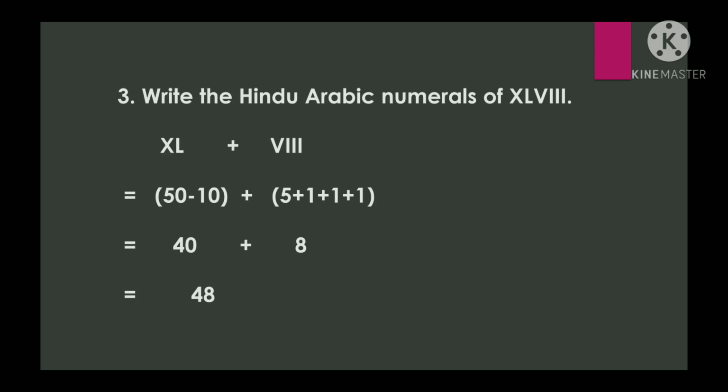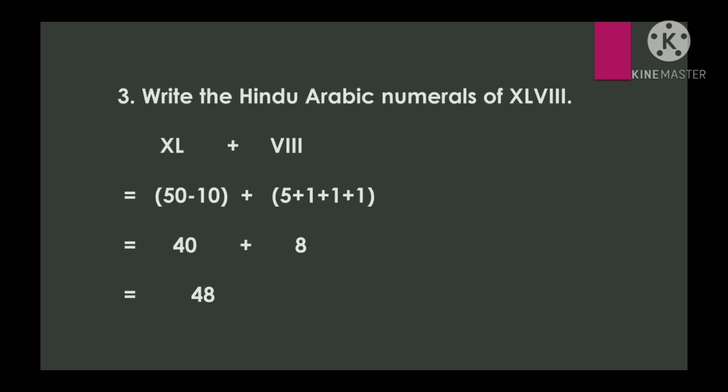Now, third example, write the Hindu-Arabic numeral of XLVII. So here also first we have to expand in tens and ones column. So for tens we get XL and for ones we get VII.